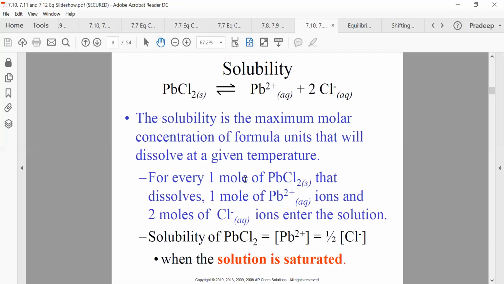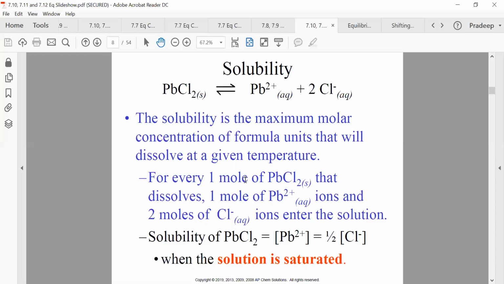Again, here you see that we are slowly talking about concentration. Solubility of any substance is given as the maximum molar concentration that can go into a solution at that particular temperature. So at 25 degrees Celsius, sometimes there will be 1 mole of the substance that can go into the solution.